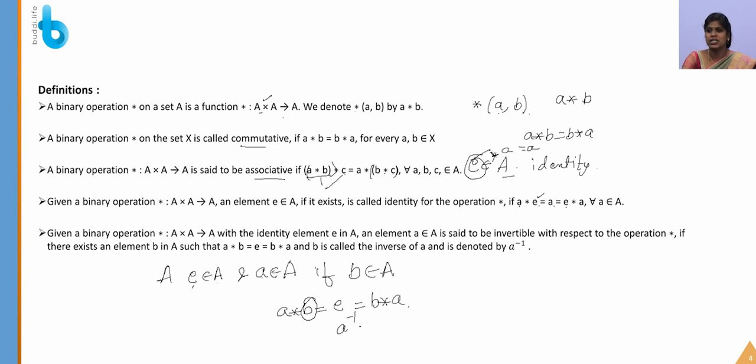That is, a inverse is equal to b, we can write. If you operate two elements and get the identity element as the result, then b is the inverse of a, or a is the inverse of b. Therefore, the inverse property is also satisfied.